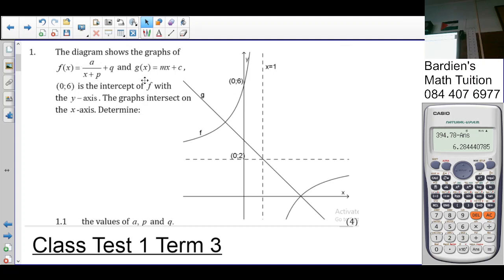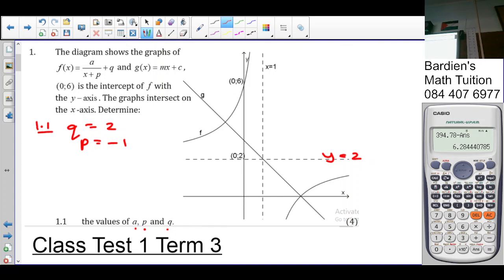So, for 1.1, as you can see here, this is y is equal to 2, and this is x is equal to 1. It's already marked there. So remember they want the values of p, q and a. So q is equal to 2, p is equal to minus 1. Why negative 1?